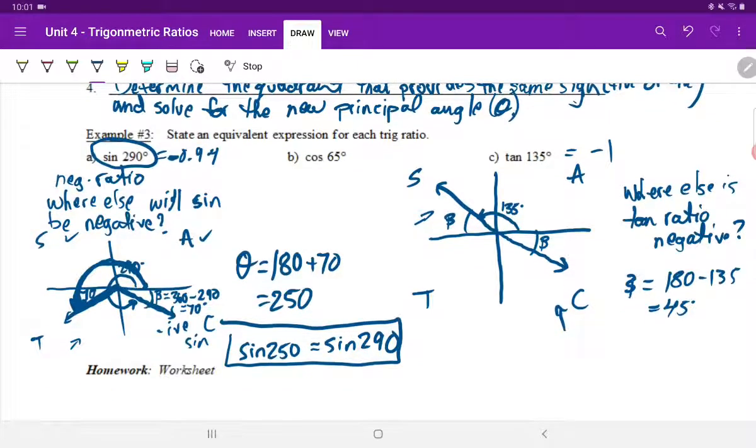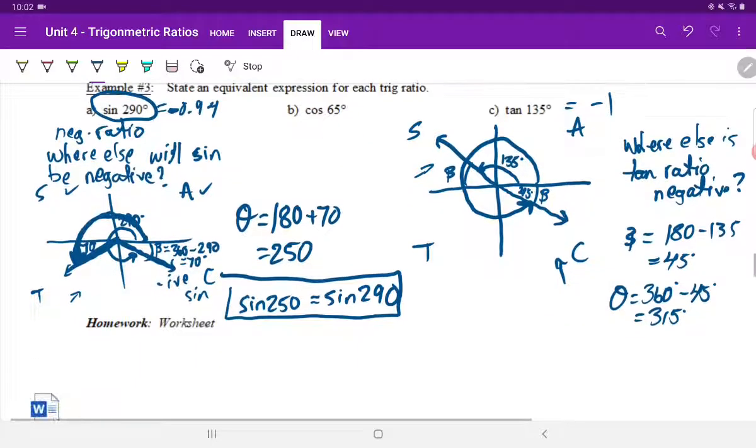Now, to find my equivalent expression, if I know this is 45, I just need to find the principal angle that goes to this new terminal arm, which is going to be, go all the way around to 360, go back 45 degrees, okay, which is 315.